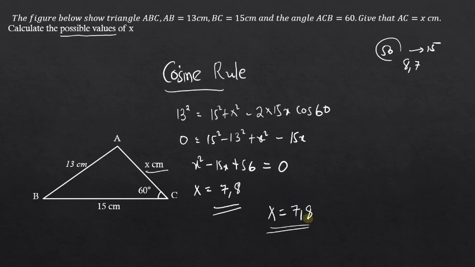Okay. Now the next thing we'll be talking about is some proving examples. If they ask you to prove that 1 over sec a minus tan a is equal to sec a plus tan a, we should prove that these two expressions are equal. How do you go about that?